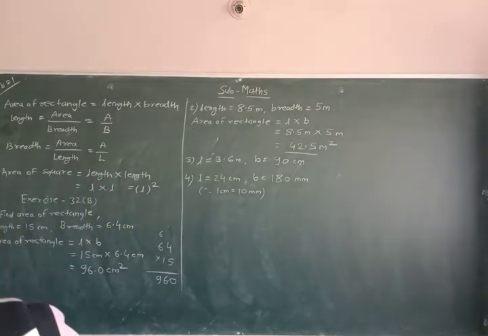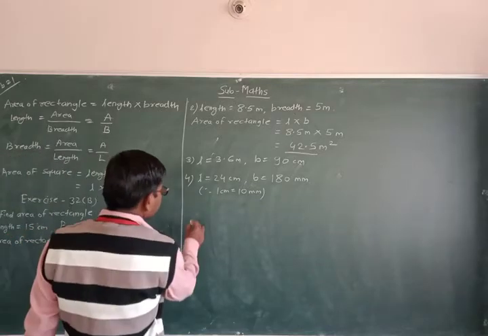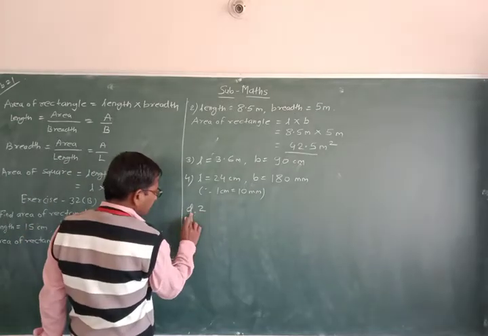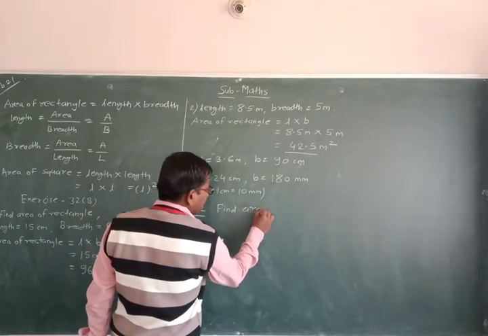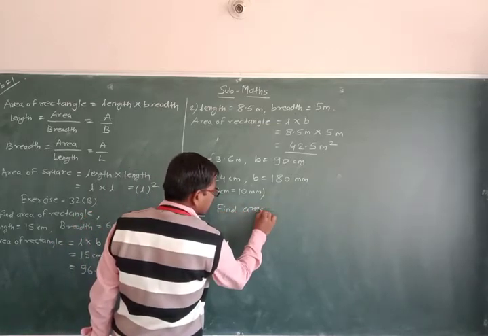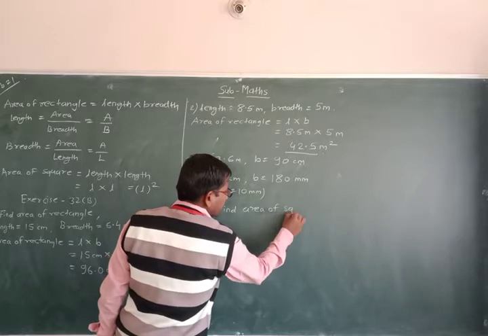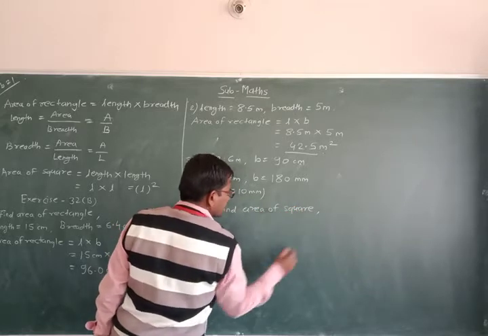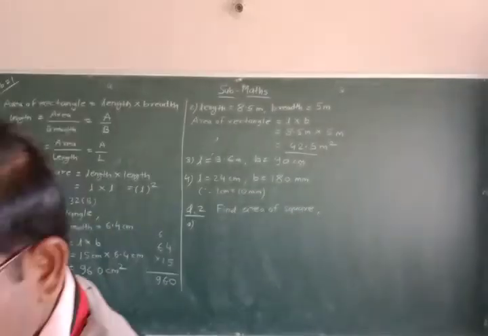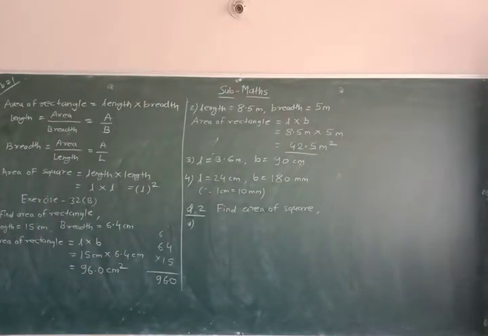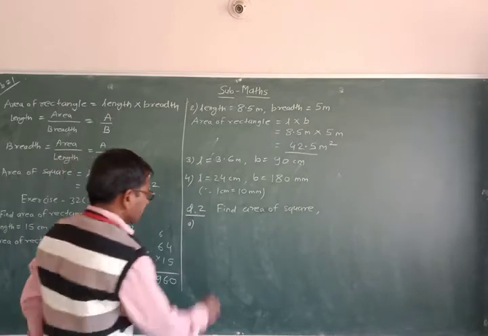Then next, find area of a square. Very easy. Question 2. Find area of square. In our first example, side is given, 7.2 centimeter.